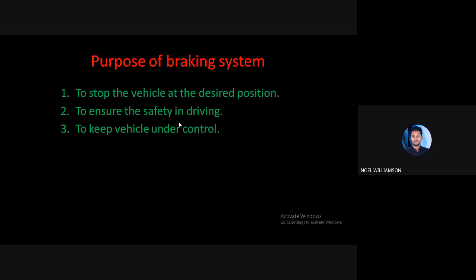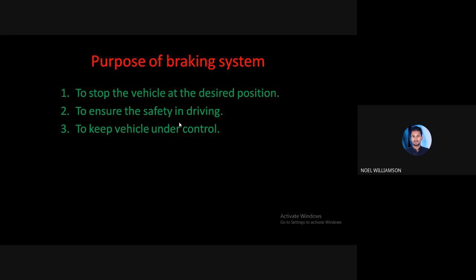So in order to have perfect control, we use the braking system. These are the main purposes of a braking system. The first is to stop the vehicle at the desired position, then to ensure safety, and next to keep the vehicle under control.